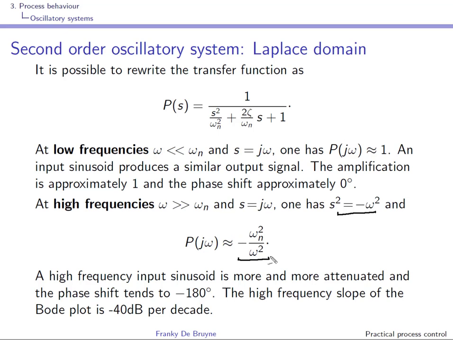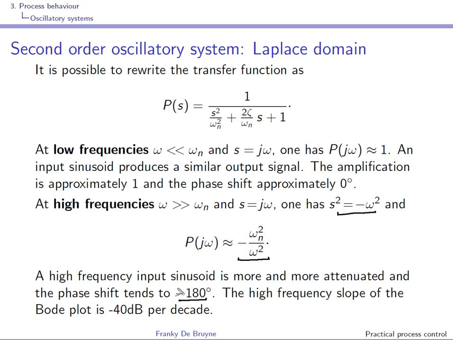So there will be a decrease in 1 over omega squared, and there is a minus sign, so the phase shift at the high frequencies will tend to minus 180 degrees. This is a real number.